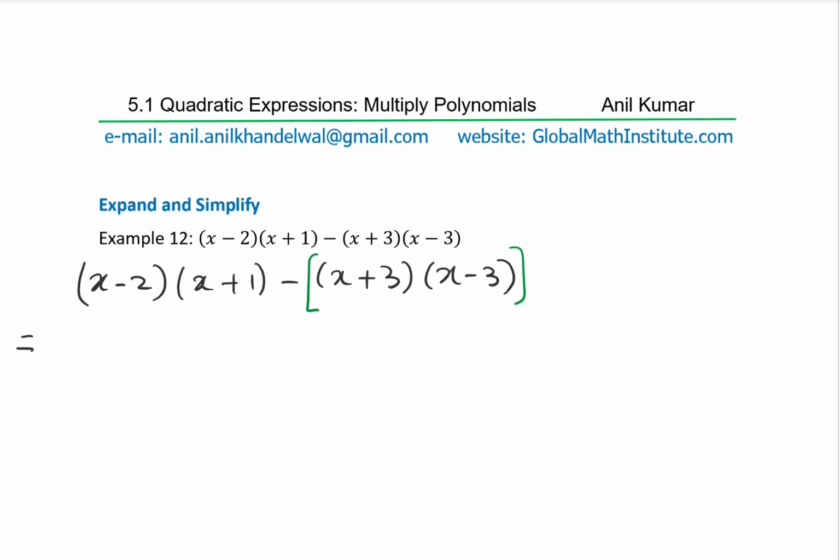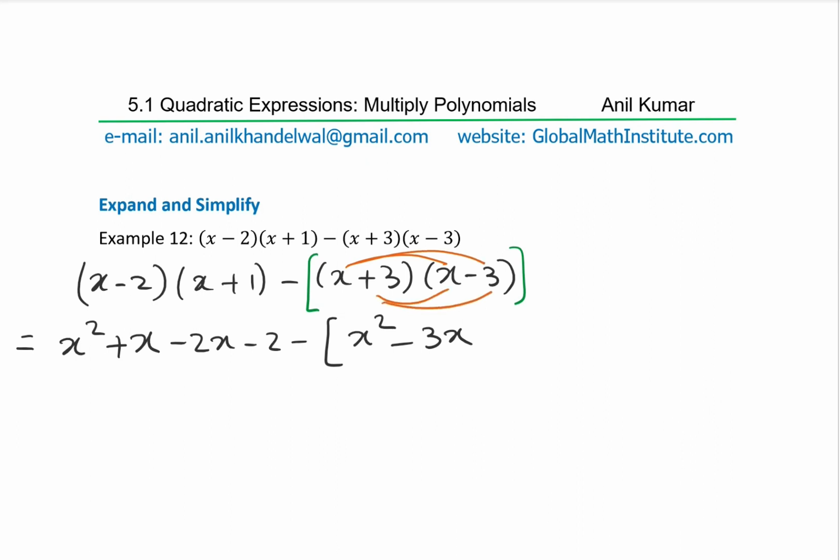It is a good technique. Now let's expand this. So we get x squared plus x minus 2x minus 2, and negative of, multiply these, x squared minus 3x. So you know how we got it? x squared minus 3x, now 3x minus 9.